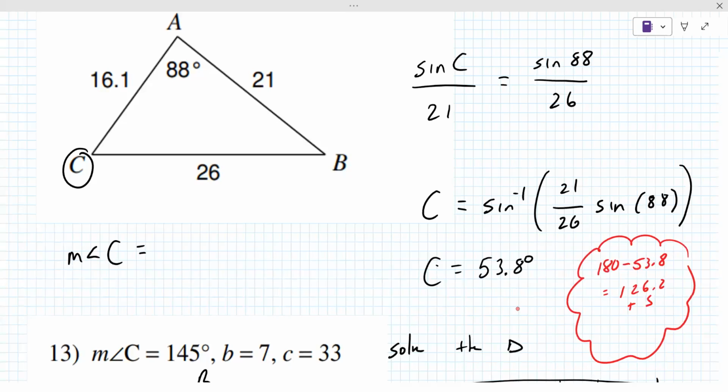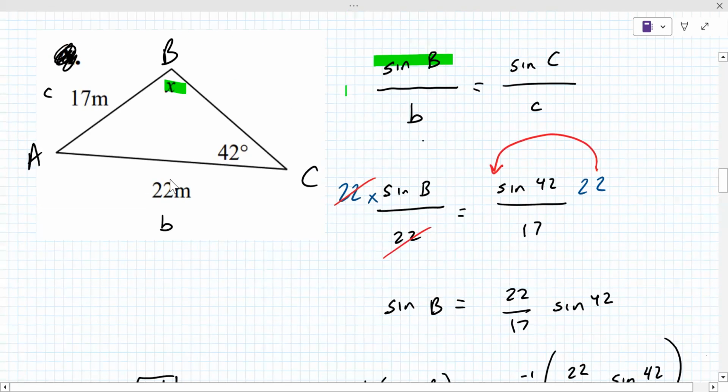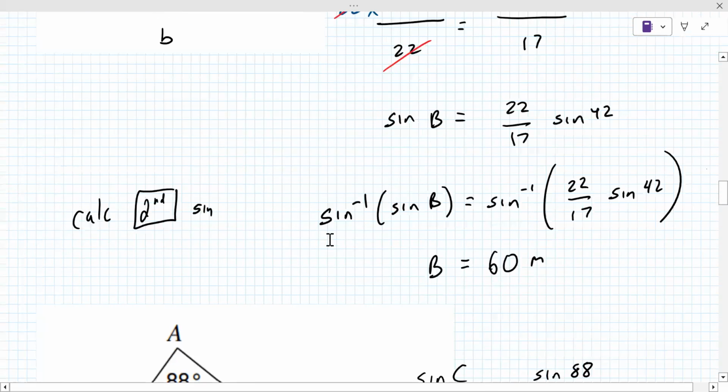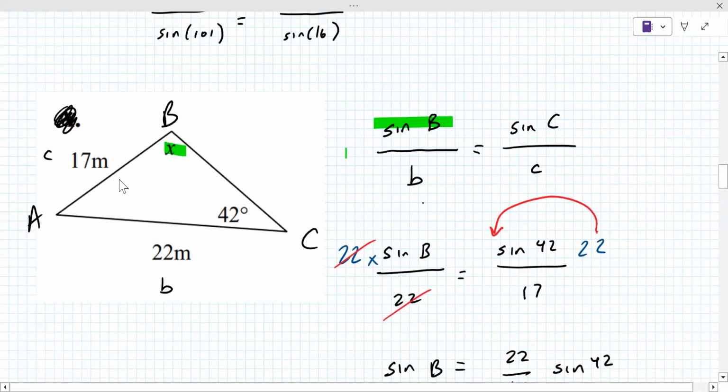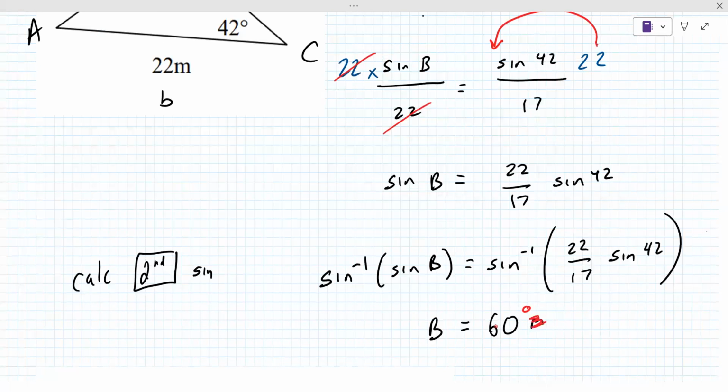And if we add the given angle 88, do you see that it is too large? Yes. It's more than 180. Okay, so that would be true of all the ones that we've done today, where you're finding the angle here. We did probably the same thing here for this one. I think this might have been 60 degrees.